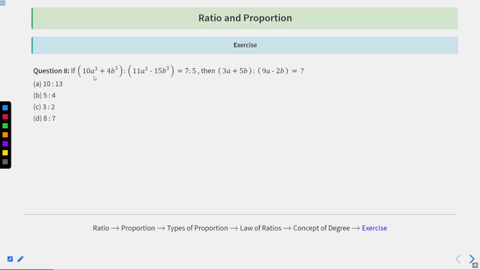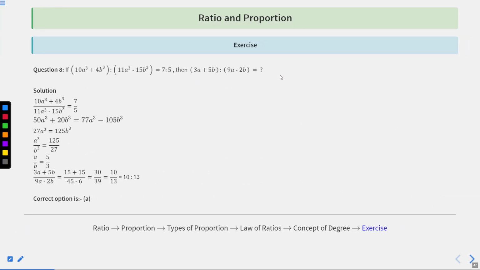If 10a cube plus 4b cube is to 11a cube minus 15b cube is equal to 7 is to 5, then 3a plus 5b is to 9a minus 2b equal to. So 10a cube plus 4b cube upon 11a cube minus 15b cube is equal to 7 upon 5.